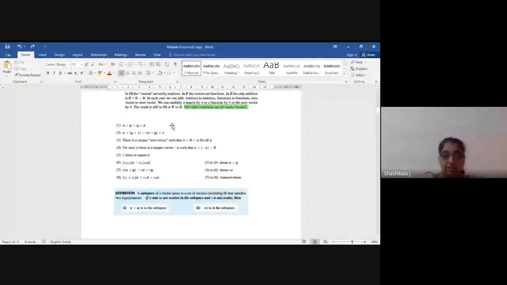And also one more thing we are dealing with is subspace. Till now it is vector space, a very large dimension space, and in that we are talking about the subspace. Subspace means what? That is also a vector space. It also has to satisfy all these 8 conditions. Along with this, it has to satisfy 2 more conditions.